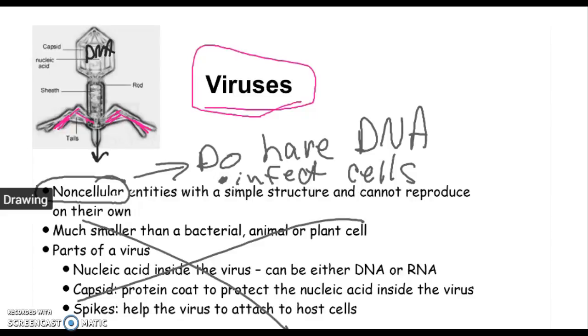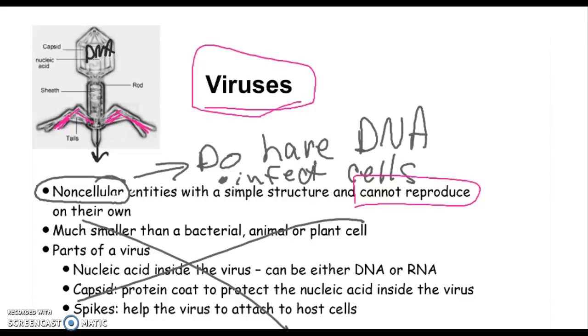They cannot reproduce on their own. They can only reproduce if they inject that DNA inside of other living cells, either an animal or a plant or a fungi or something. So when we get sick with a virus, that virus has found its way into our cells and then begins replicating inside of our cells, and then our cells burst open and spread these virus particles, and then those go in our body and infect other cells.